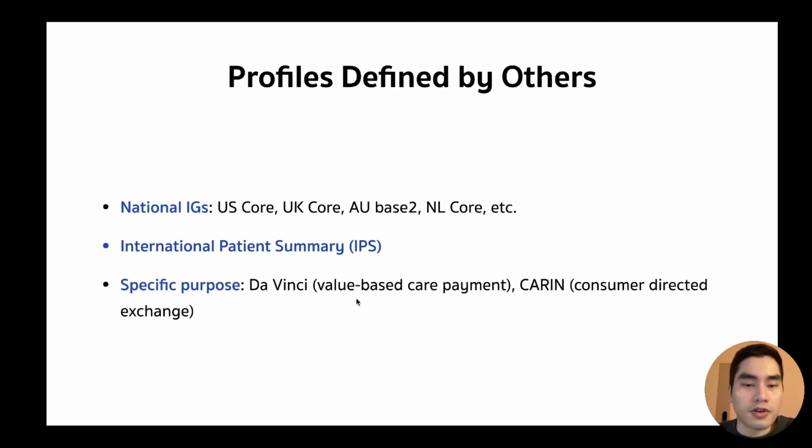This one is for value-based care payment in the US, or CARIN. This one is for consumer direct exchange of health information. You can visit them and see, oh, they have defined a lot of profiles and extensions, and it's useful to look at them.